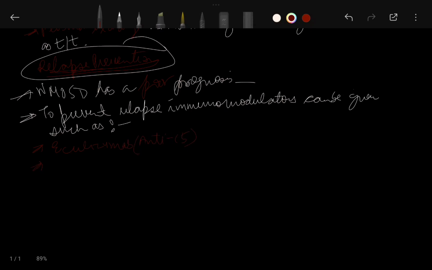Eculizumab is anti-C5. Remember it from "eculi" in case of relapse prevention.